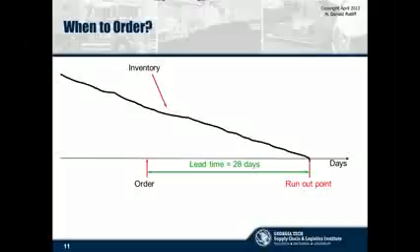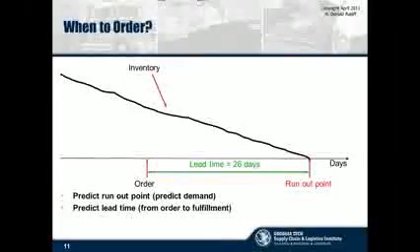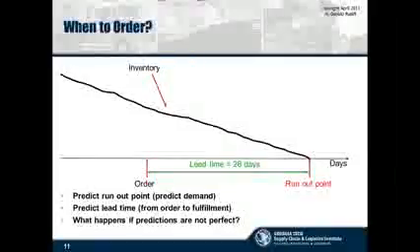And if everything is perfect, if I can exactly forecast when I'm going to run out, and if I can exactly predict how long it's going to take to get more product, and I execute perfectly, then everything would get there just in time. So I predict the run-out point, and demand is a part of that. I predict the lead time, and that's from the time I order until the time I get it.